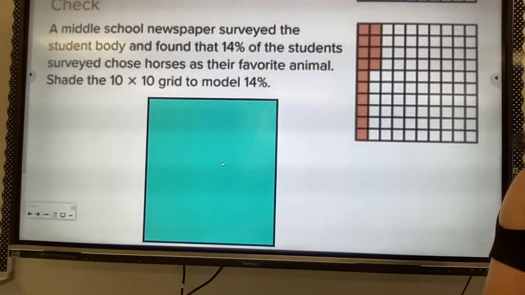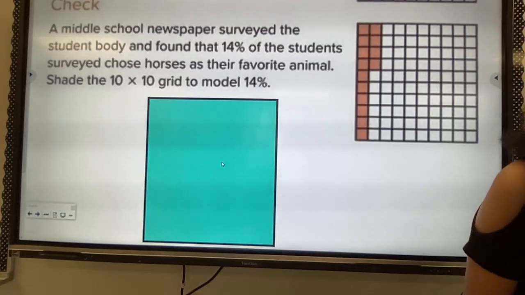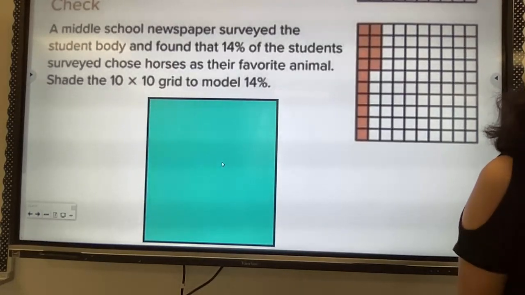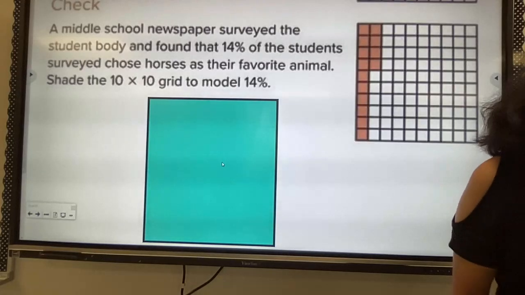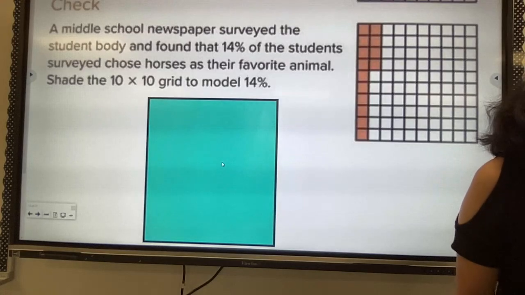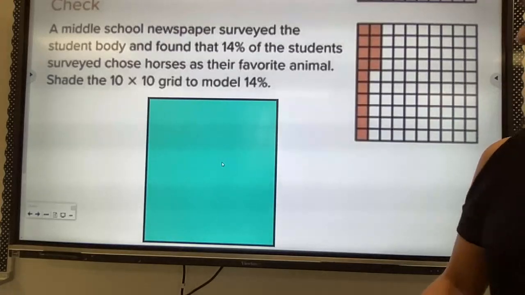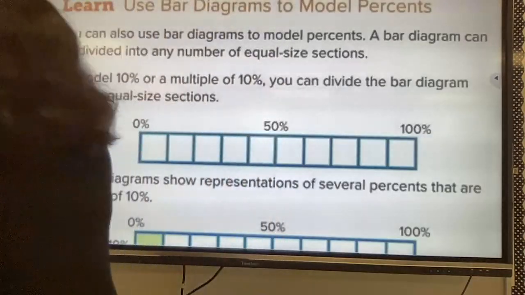Now, you can also use bar diagrams to represent and to model percents. A bar diagram can be divided into any number of equal size sections. I'm going to give you an example of what that means.